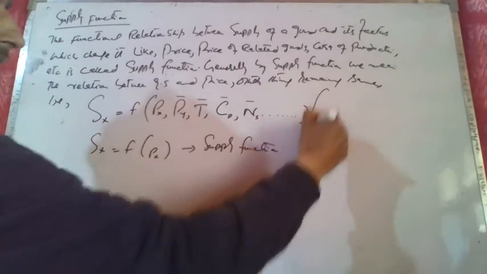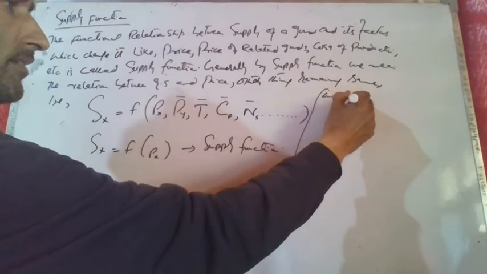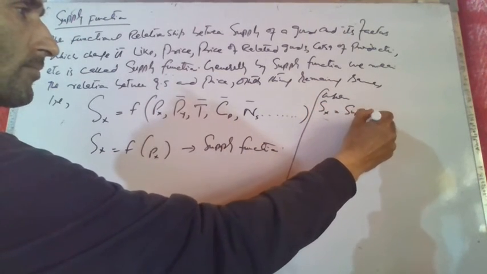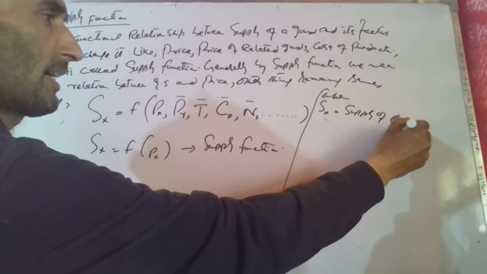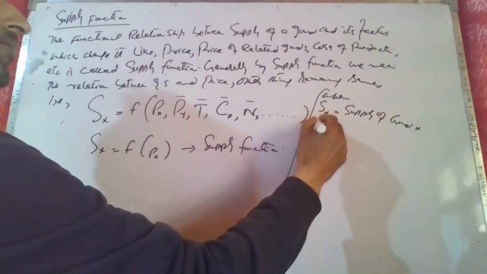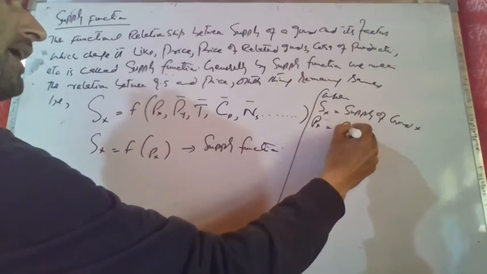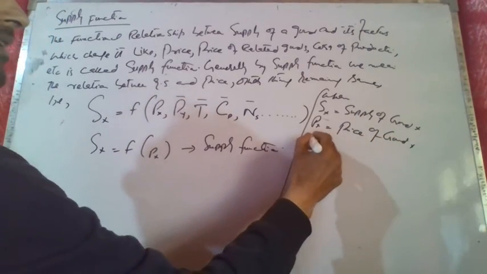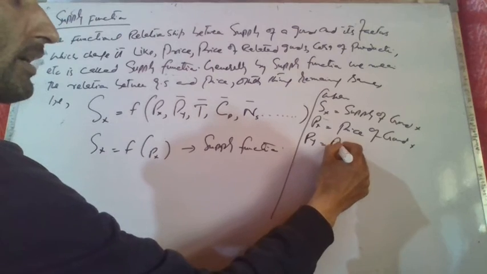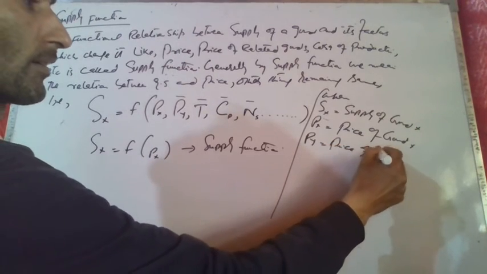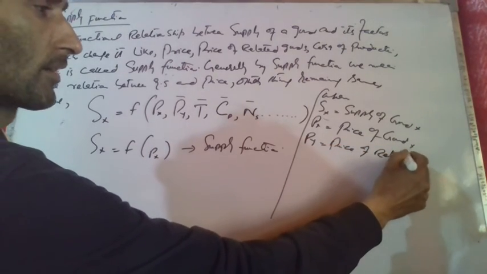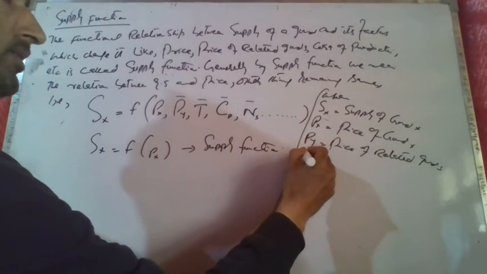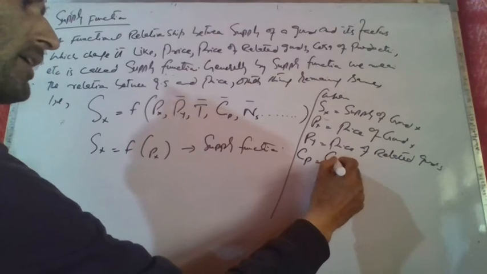So what are these factors? Where Sx is supply of good X, Px is price of good X, इसी तरह Py है price of related goods, इसी तरह Cp, it is cost of production.